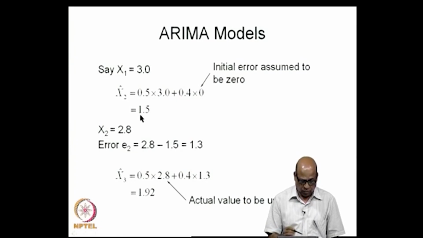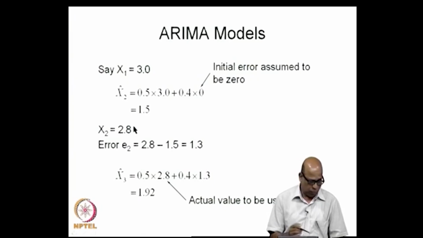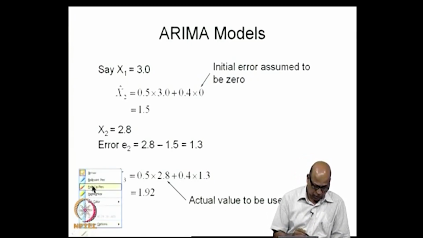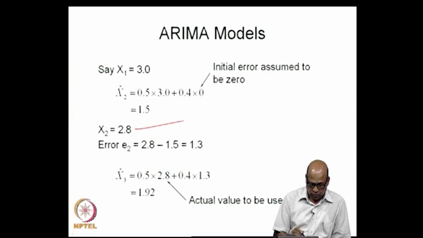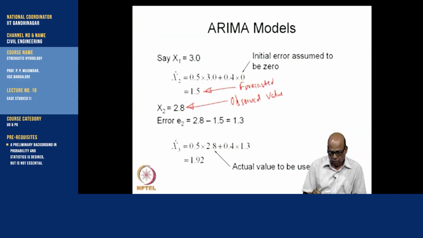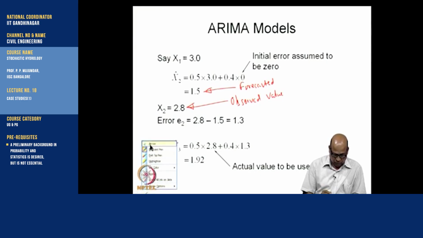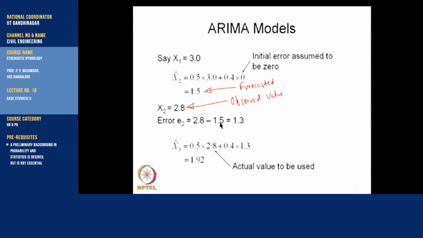X 2 is 2.8, this is the observed value, not the forecasted value, this is the data, and this is the forecasted value. So, we compute the error E 2 as observed minus the forecasted, which will be 1.3, and this is what goes into generating the next value.